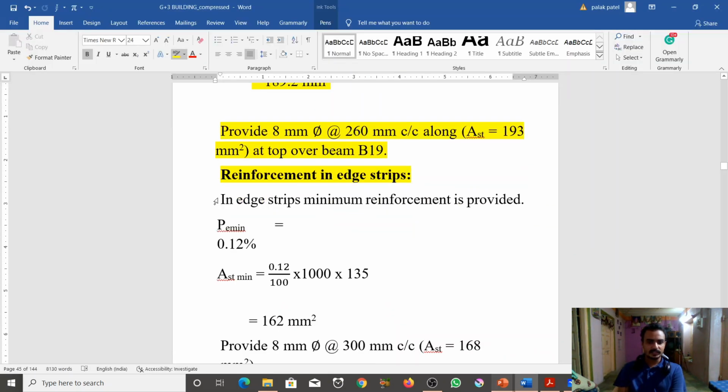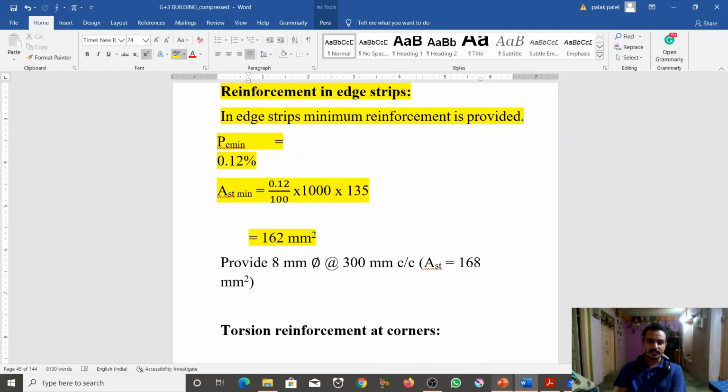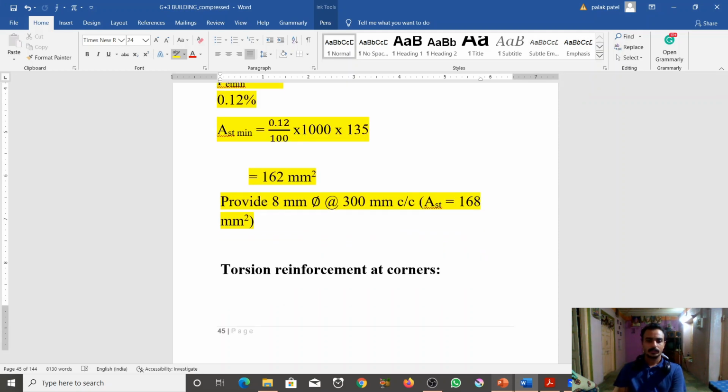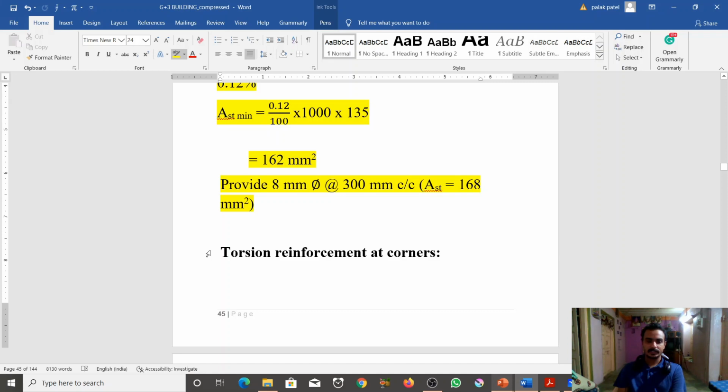For the edge strip, minimum percentage of steel is 0.12 percentage. So Ast minimum is 0.12 divided by 100 into 1000 into 135. So Ast is 162 mm square. Provide 8 mm diameter at 300 mm center to center. Okay, the edge strip design is completed.